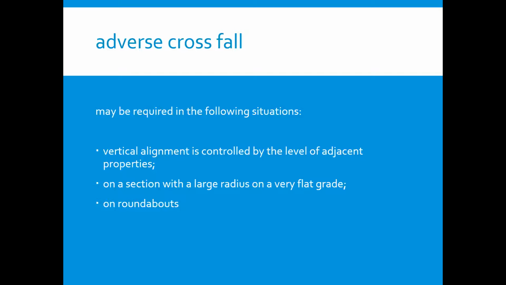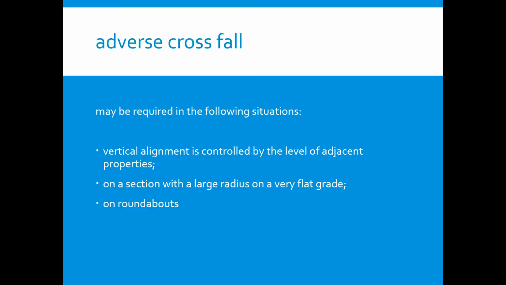Minimum radii with adverse crossfall depend on the assumed value of the adverse crossfall and the assumed maximum side friction demand with adverse crossfall. The side friction factor demands associated with minimum radii recommended by various guidelines for adverse crossfall generally ranged from 30% to 50% of the normal value.